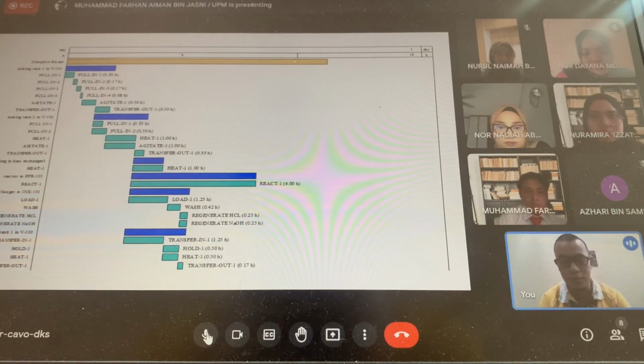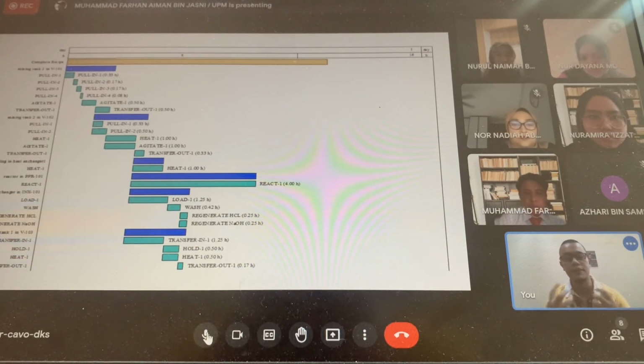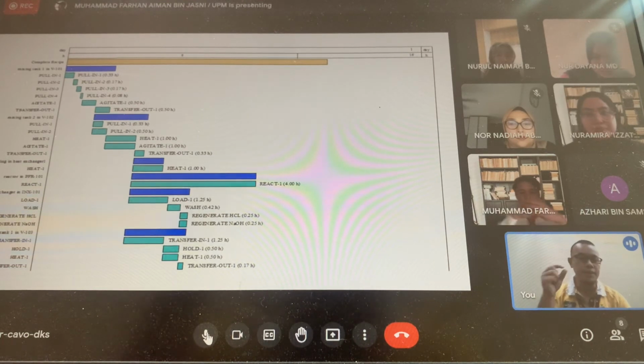Reactor is what we call the heart of the process. In the cocoa line we call it the alkalizer, in the sauce line we call it the cooker, right? So the reactor is the heart of the process. I'm just adding info here.